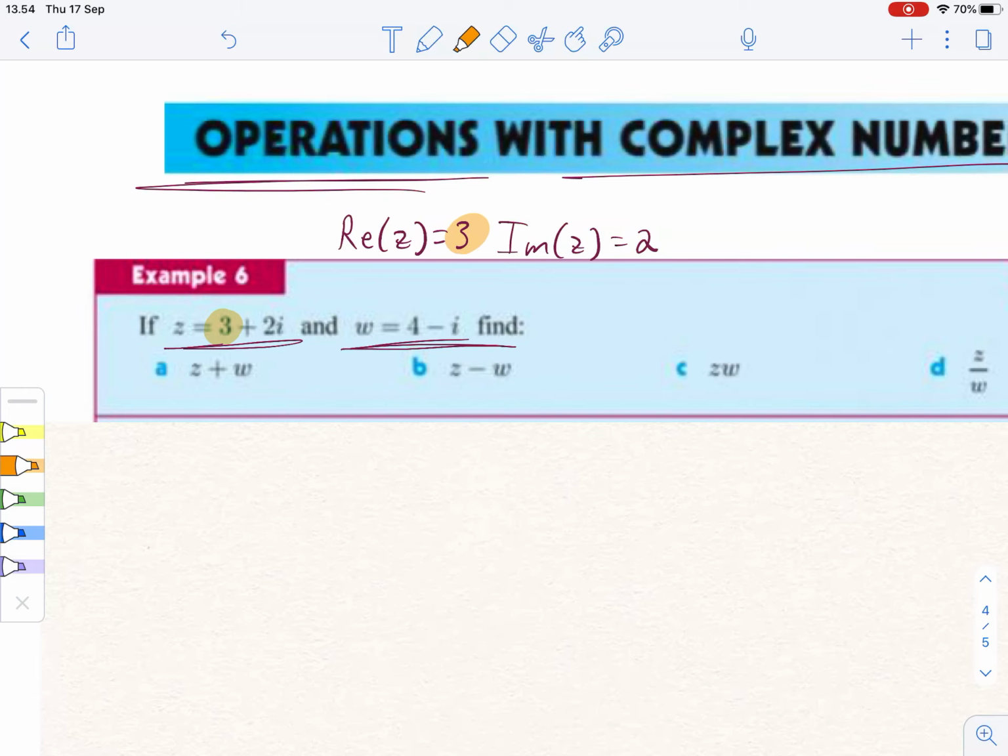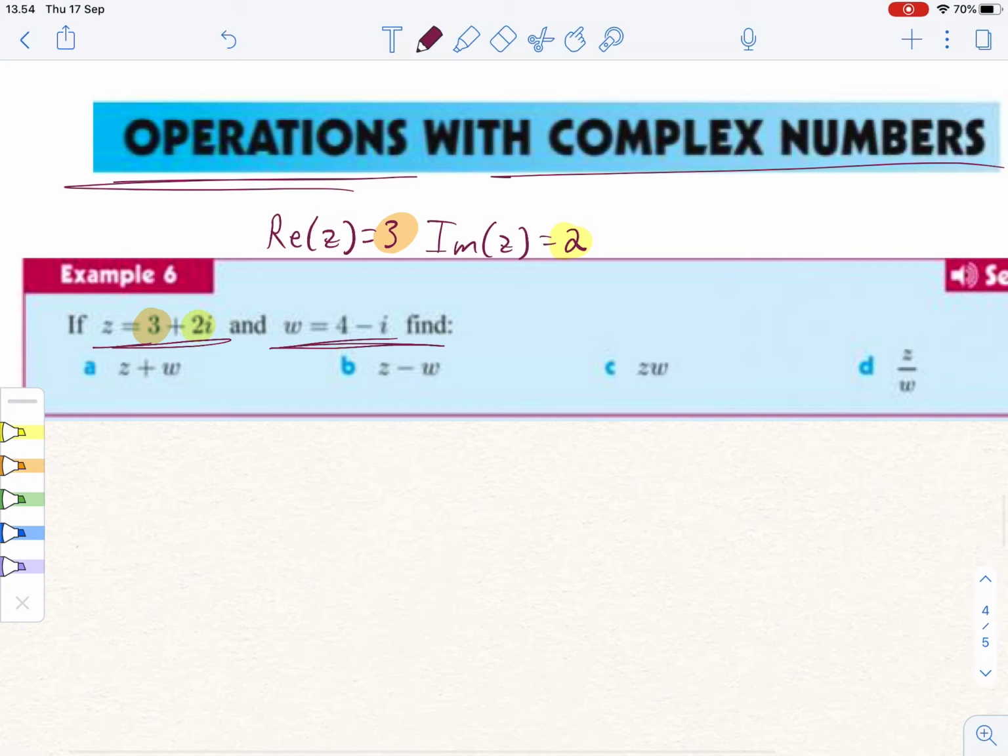And if I want to know the real part of w, that's equal to 4. And the imaginary part of w is equal to -1.